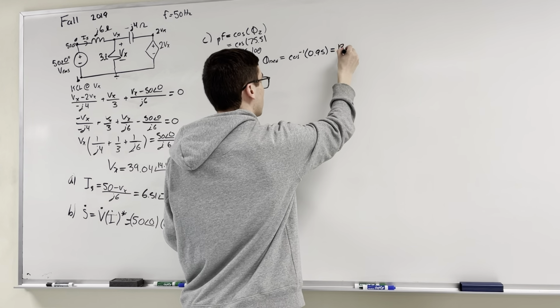This is all over 2 pi times the frequency, which was stated in the problem to be 50 hertz, times VRMS squared, where VRMS is 50 with phase angle of 0, so it's just 50 squared. And this all comes out to be 366.3 microfarads for the capacitor.